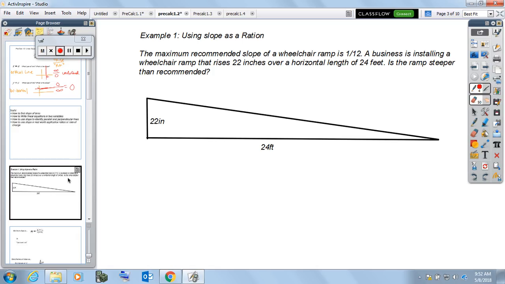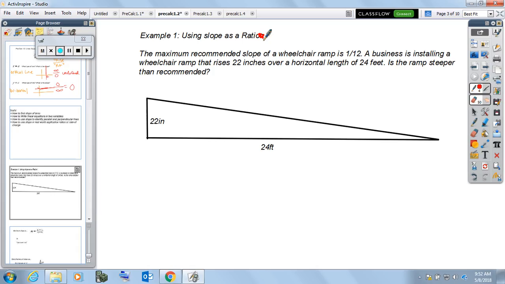The first question we're dealing with is using slope as a ratio, not a ration, a ratio. It says the maximum recommended slope of a wheelchair ramp is 1 over 12. A business is installing a wheelchair ramp that rises 22 inches over a horizontal length of 24 feet.